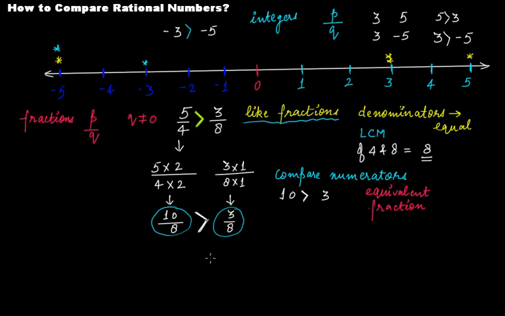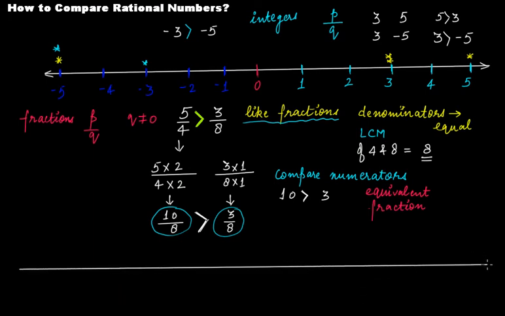Now, if you have to represent this comparison on a number line, how do you do this? So take a number line, this here and this here. In this case, I'm not focusing on the negative integers because we don't have any negative integer here. So I'll start my 0 from here, and then we go on dividing this.